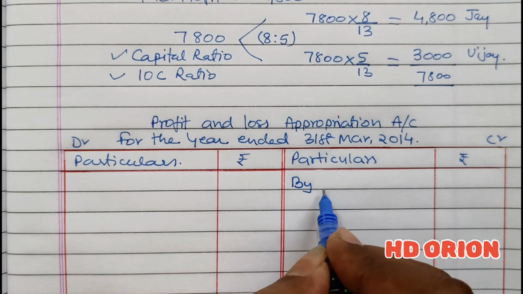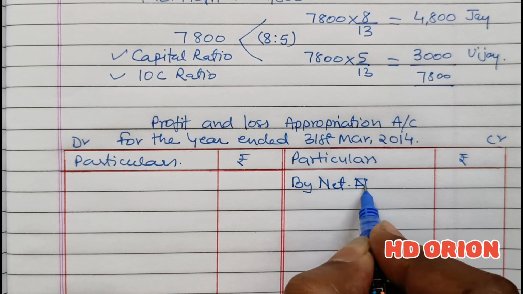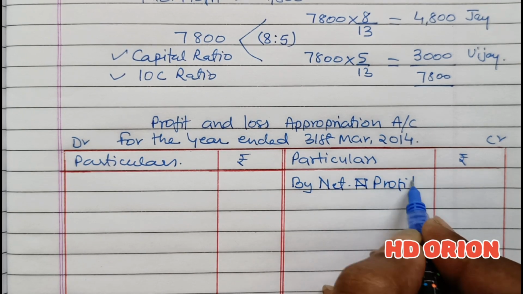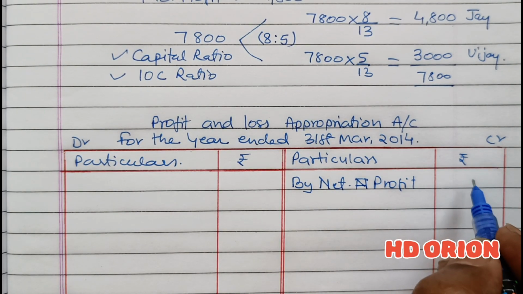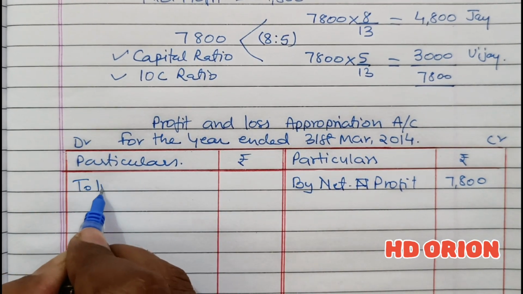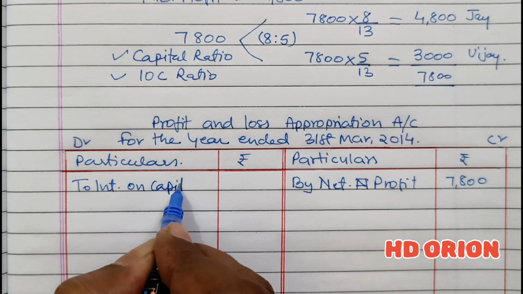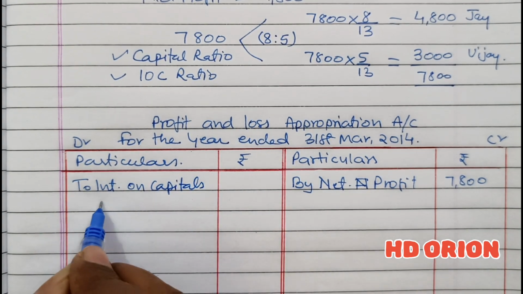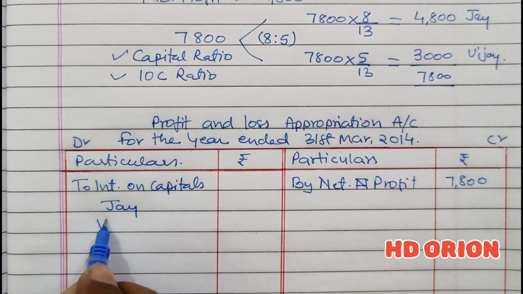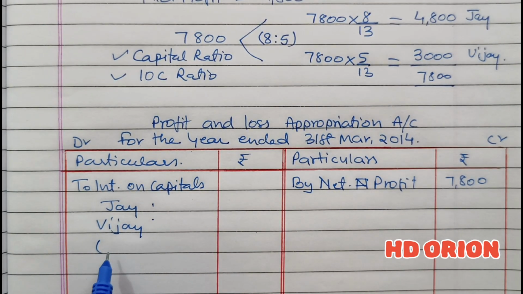So in the profit and loss appropriation account, by net profit, it is 7,800, and to interest on capital, to Jay and Vijay, in their capital ratio, that is 8:5.